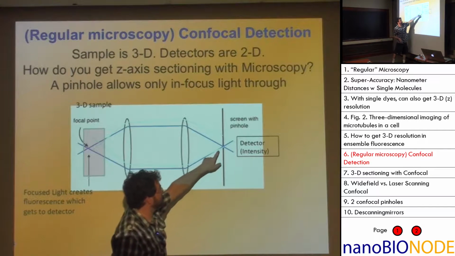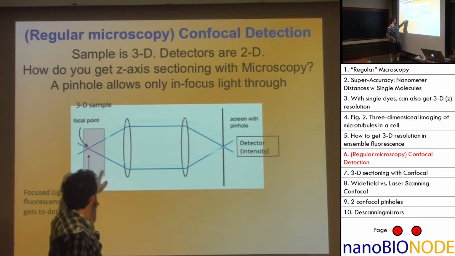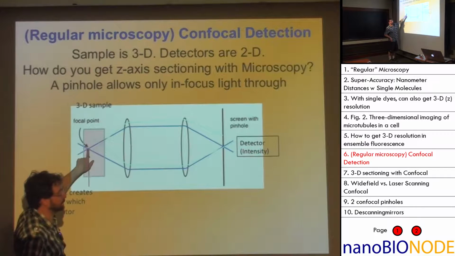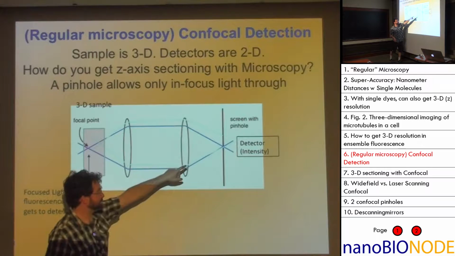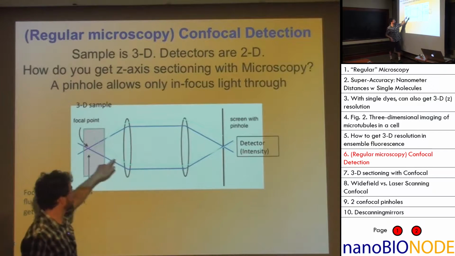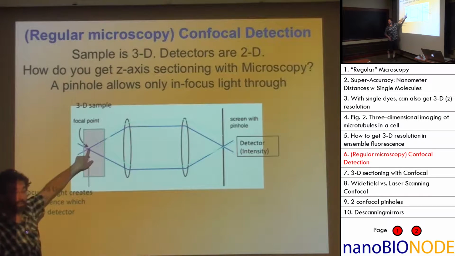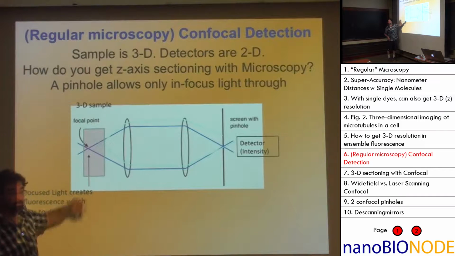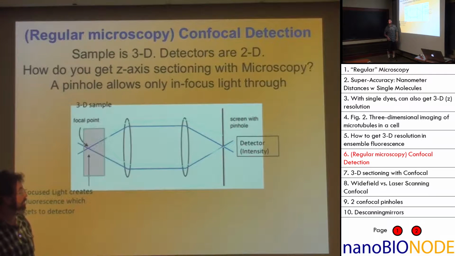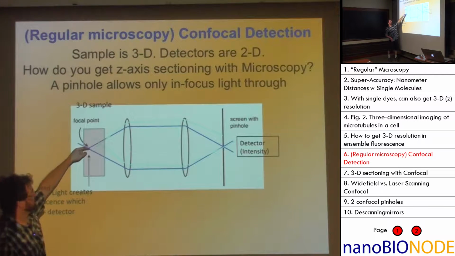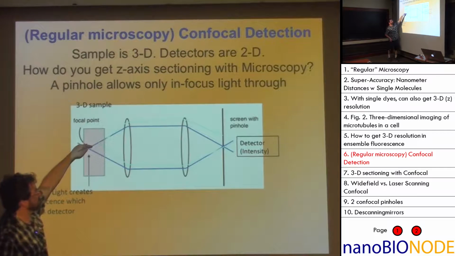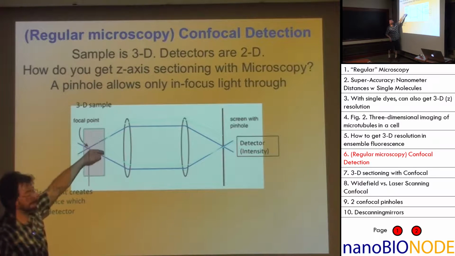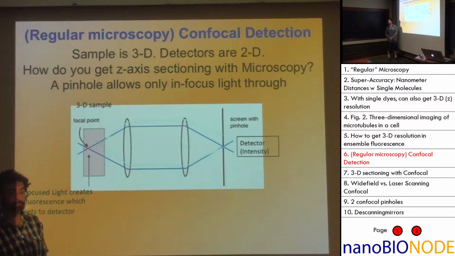So by having a pinhole right here, corresponding to the focal plane right here, you're primarily getting signal from right here, and any other area or volume is not getting through.